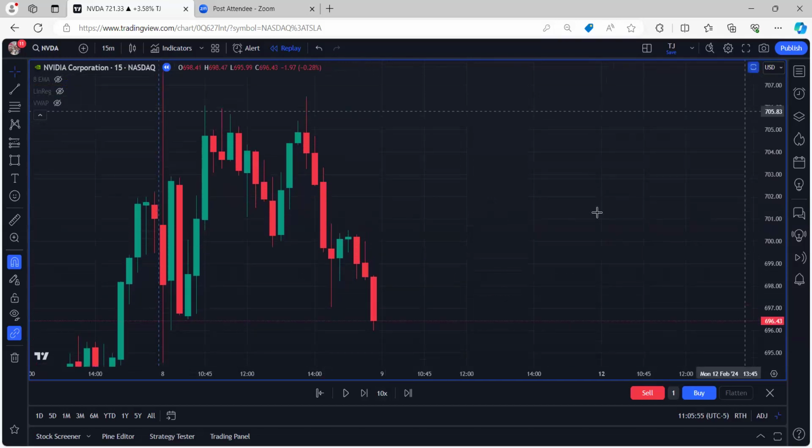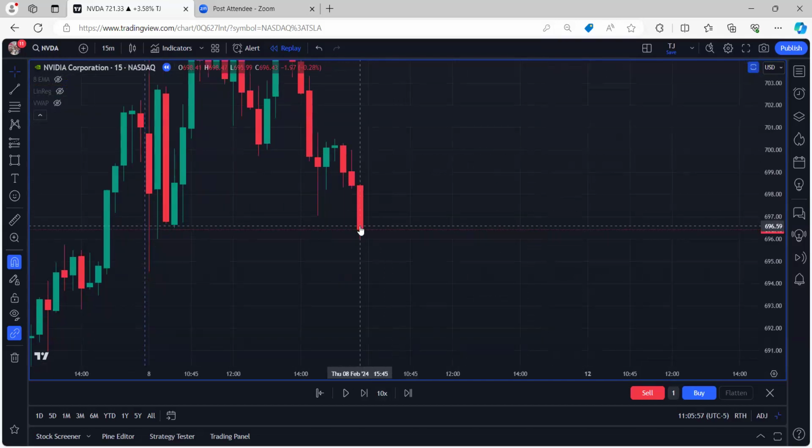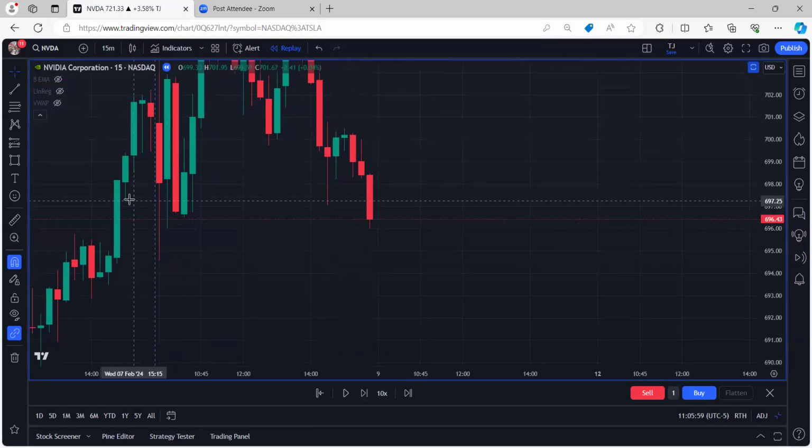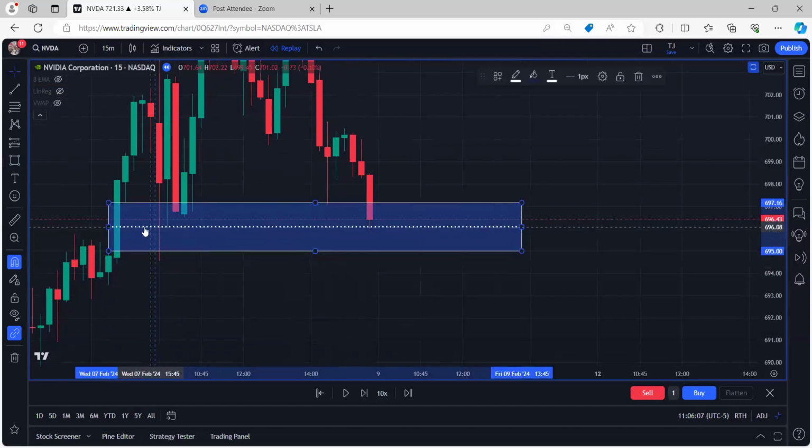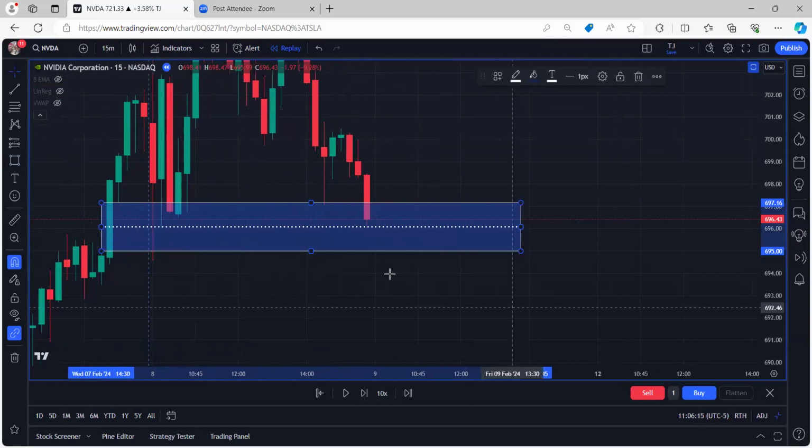We should assume, if we just look at this old fair value gap right here, where are all these closes happening? All these closes from Thursday are happening where?